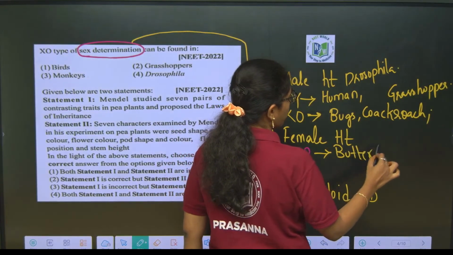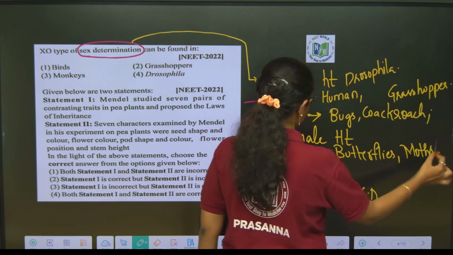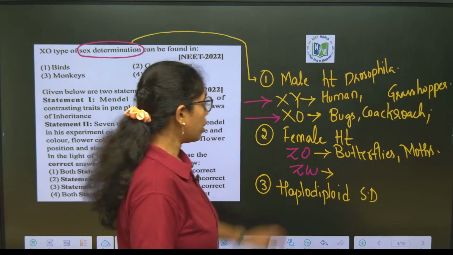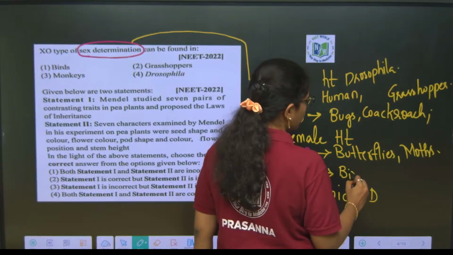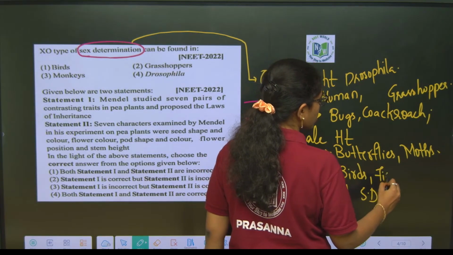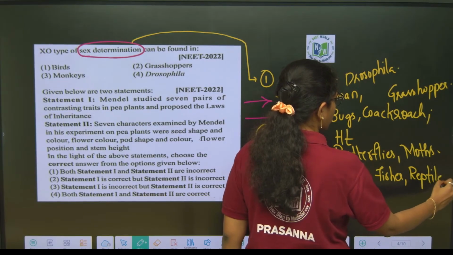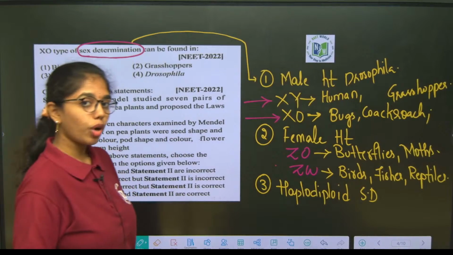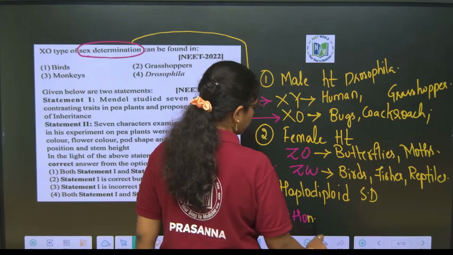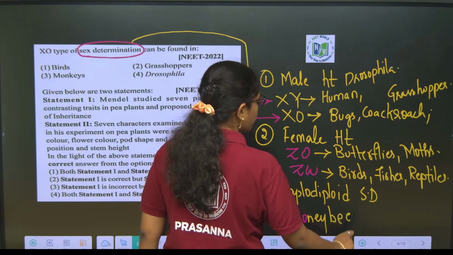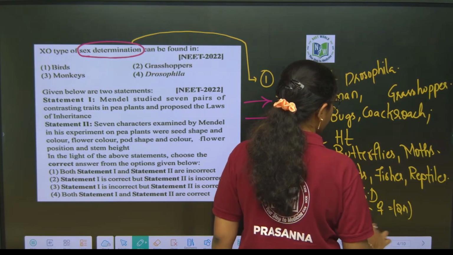ZW mode of female heterogamety is observed in birds, fishes and reptiles. Haplodiploid mode of sex determination is observed in honeybees, where female bees are diploid and males are haploid.